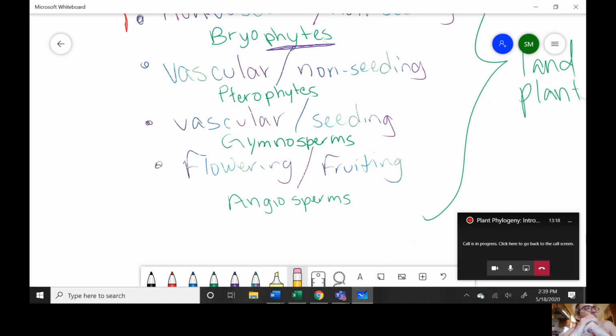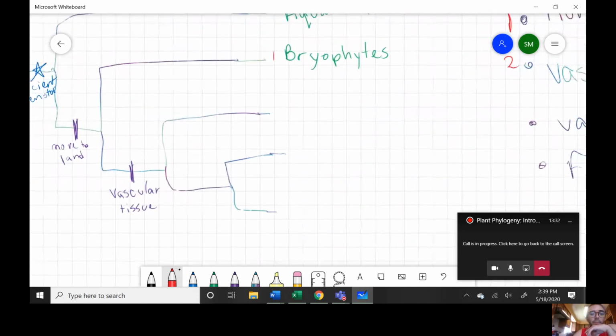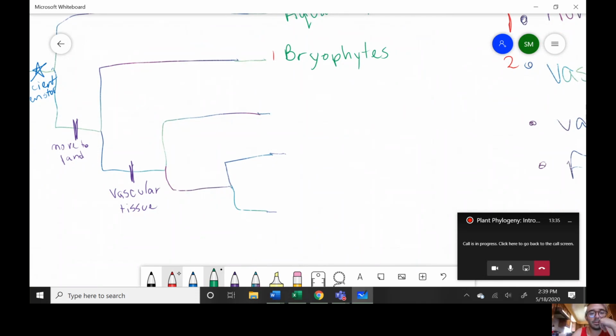But as you guys know, ferns do not produce seeds. There's no seeds in ferns. So your vascular non-seeding plants, that's our number 2 to evolve, are pteridophytes. Okay, cool. So we got our second one.